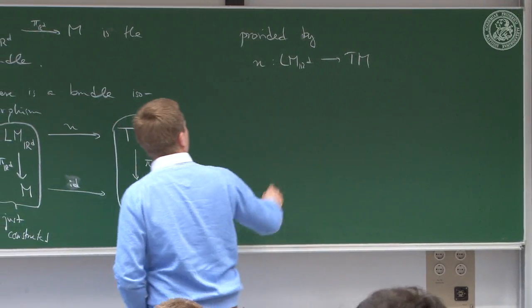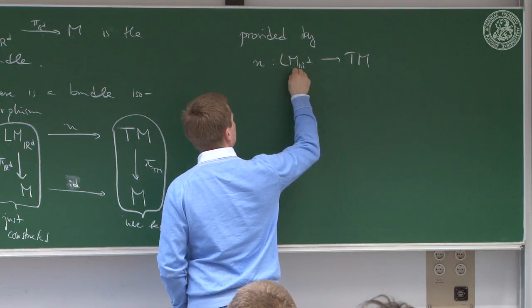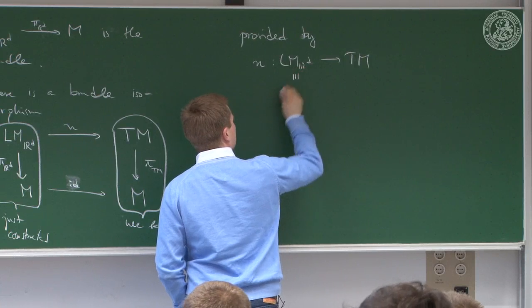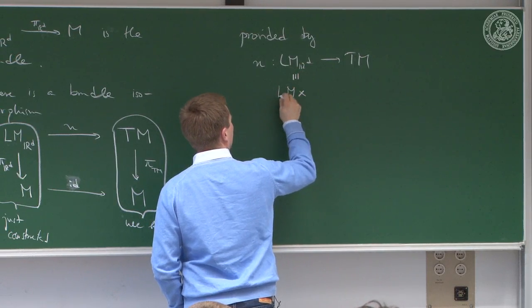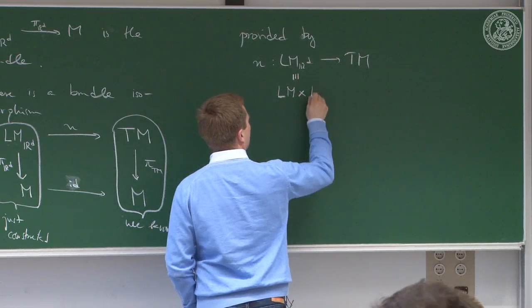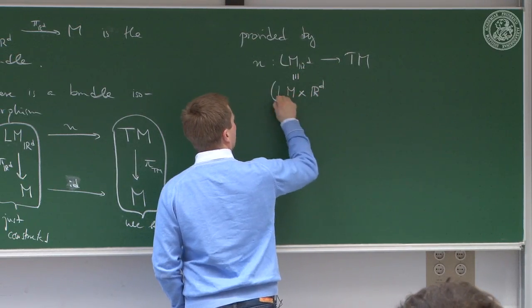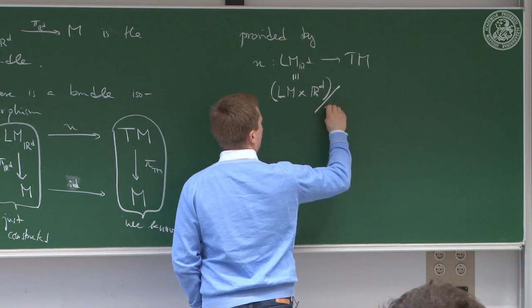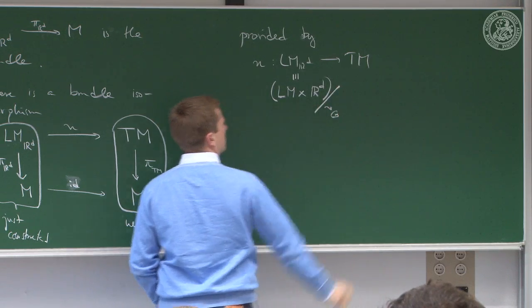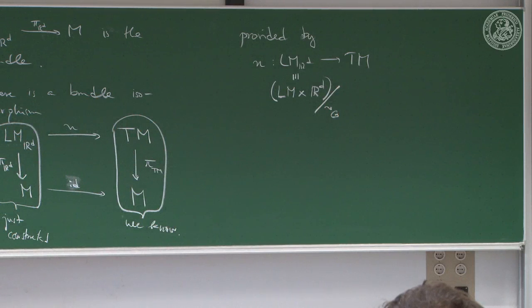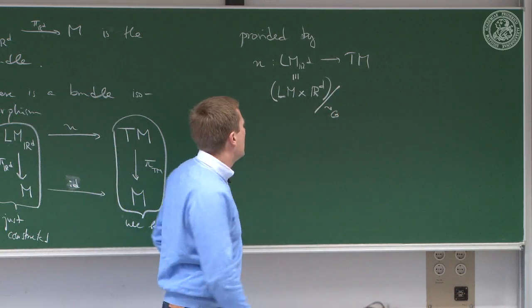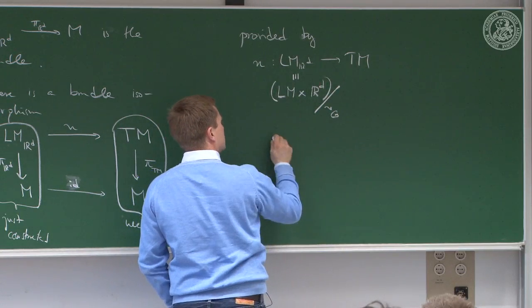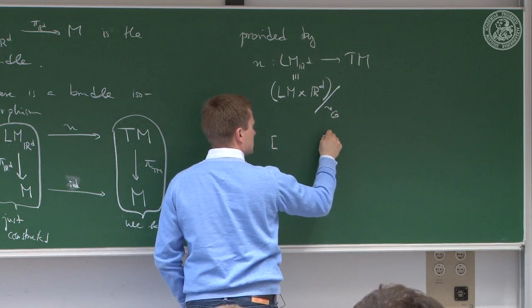You remember this guy here, the associated bundle. This is simply the Cartesian product of the underlying principal bundle and the fiber we look at, but not all of this, modulo the identification with respect to this equivalence relation. Okay? And so the elements I need to take here are equivalence classes.